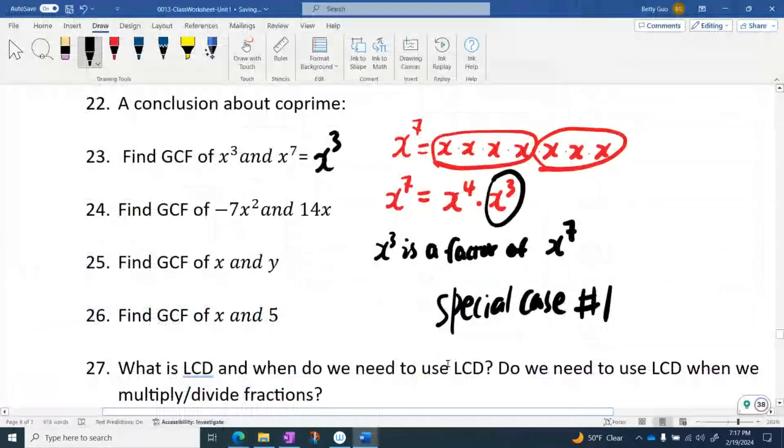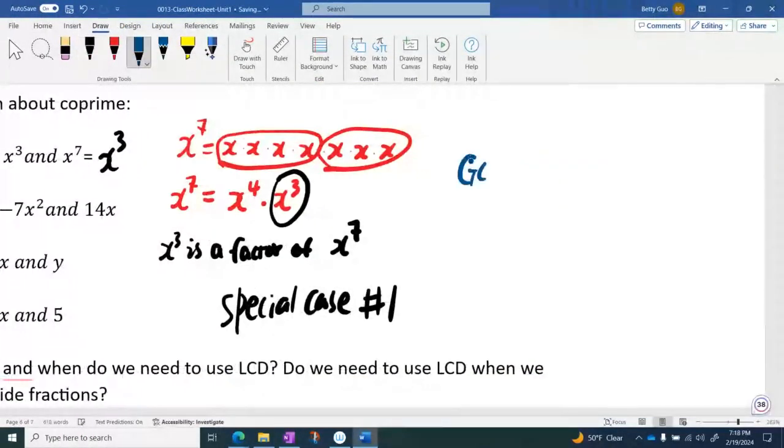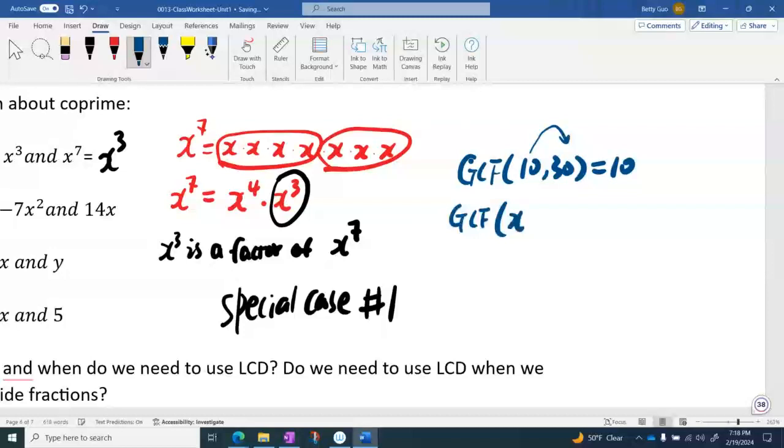Maybe I can write it this way. Remember, GCF of 10 and 30 is 10, because 10 is a factor of 30. That makes 10 the GCF of both. And for the GCF of x cubed and x^7, x cubed is a factor of x^7.